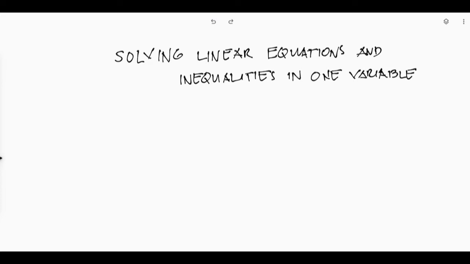So, for today's video, our lesson that we're going to discuss is about solving linear equations and inequalities in one variable. If you're using practical math of DIWA, it can be found on page 170 of your book. Okay? So, our lesson again is about solving linear equation.